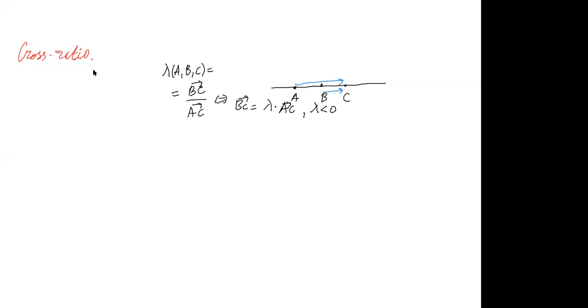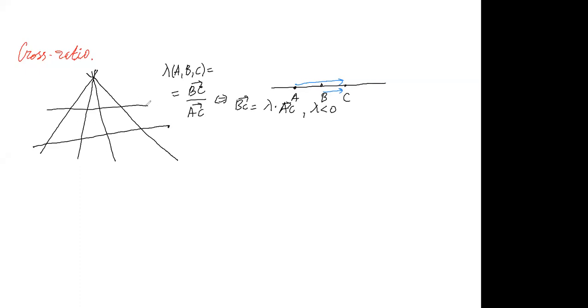When I speak about projective transformation, I mean the following thing. Suppose we have this kind of picture. I enjoy drawing pictures and I enjoy elementary geometry, so with your permission, I'll draw a few pictures.